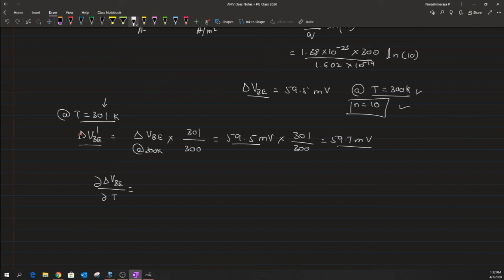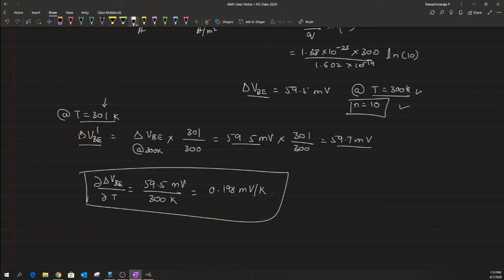So let me use this, which is 59.5 milli. Differentiation is nothing but the ratio of delta VBE evaluated at that temperature, which is 300 Kelvin. So that is what I have done. And this ends up having a result equal to 0.198 millivolt per Kelvin, and this is the temperature coefficient, resulting in a positive value.